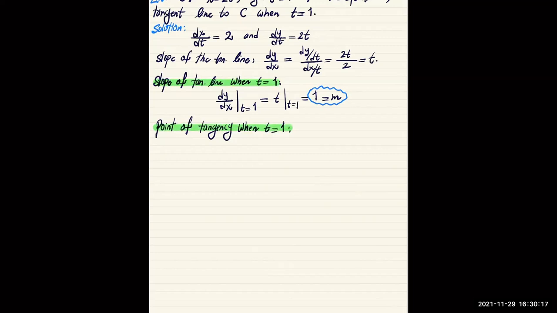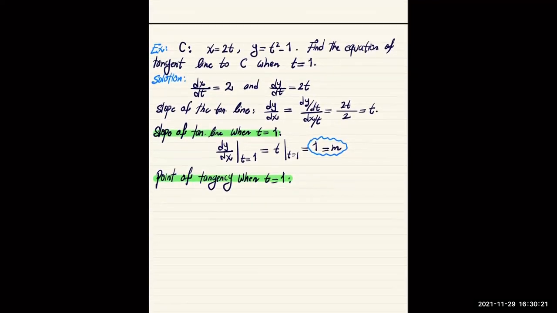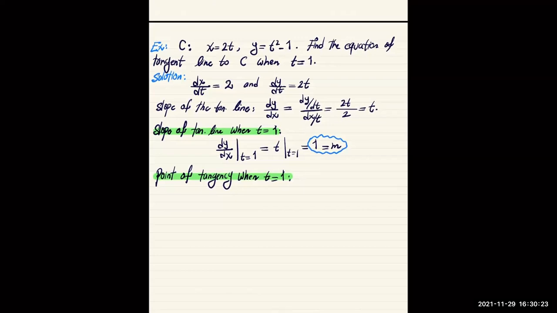Can anybody tell me how to find that point, guys? Would you just plug 1 into dy/dx? Plugging 1 into dy/dx gives us the slope. I need the actual point x, y. Plug it into x and y.